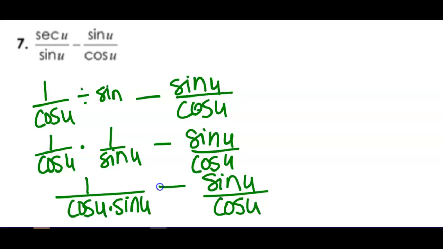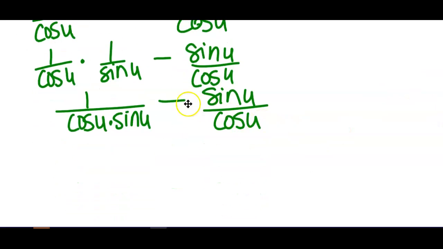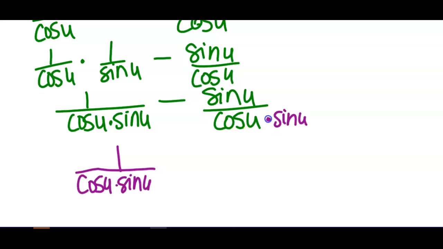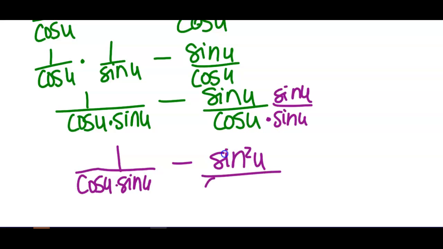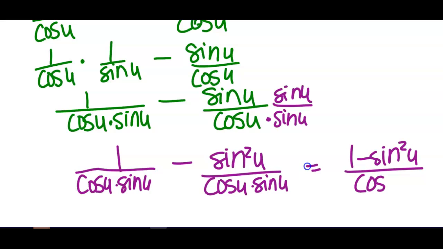Now this actually shows up a lot where you have to get a common denominator. So the common denominator is going to have a cosine sine. But over here, we need there to be a cosine sine down here. In order to do that, we have to multiply top and bottom by sine. So we end up with a sine squared over a cosine sine, which is 1 minus sine squared all over a cosine times a sine.